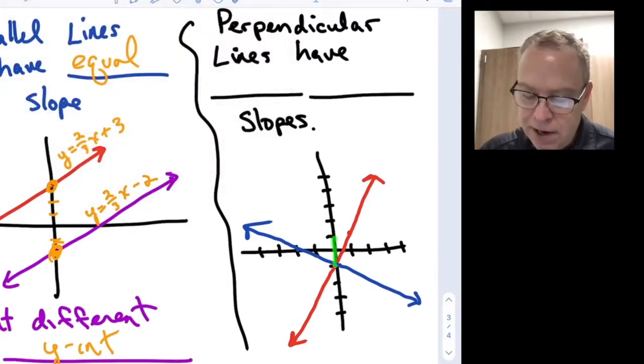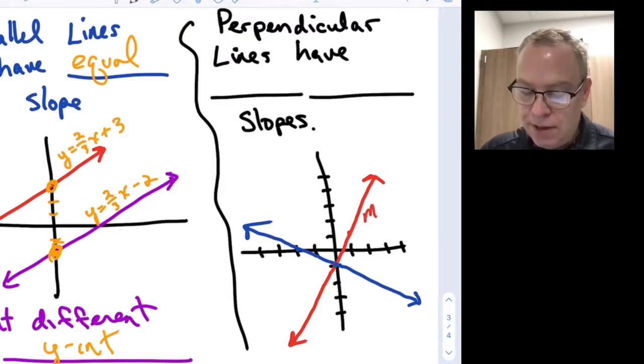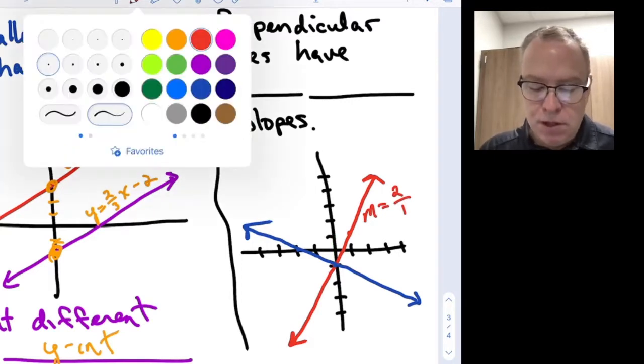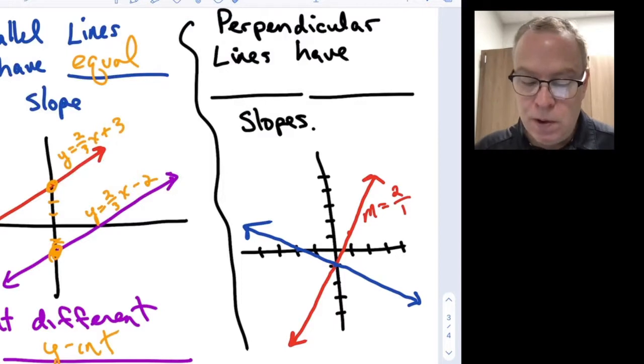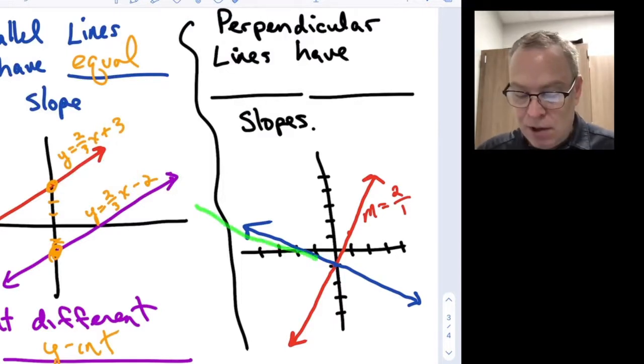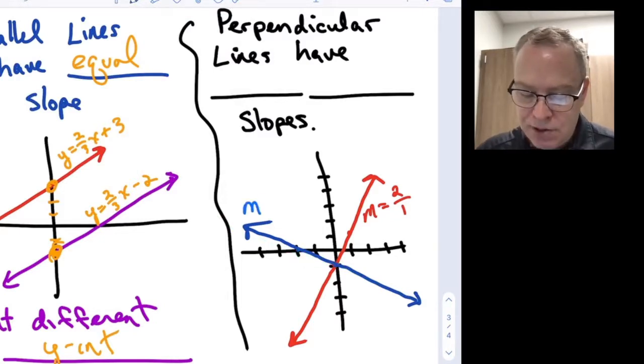The red line here is up 2 over 1. So the slope on the red line is up 2 over 1. Now, what about the blue line? Is that a negative slope or a positive? Well, it's downhill. Remember we said that downhill lines are always negative slopes. So this line is actually down 1 over 2. So the blue line has a slope of down 1 over 2.